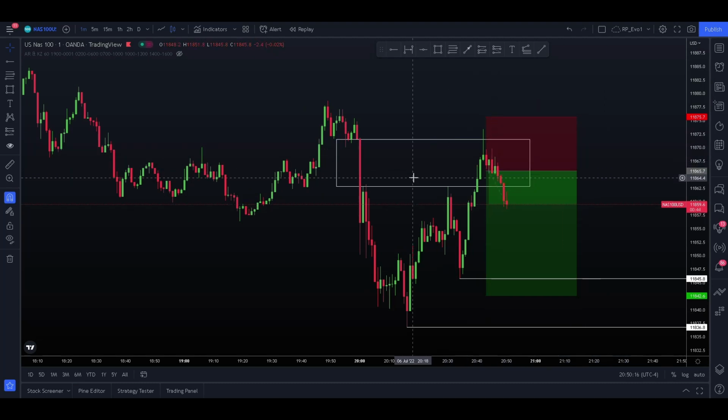And the main reason behind this setup is price went inside the imbalance, and this swing high created your equal highs. So an imbalance inside the equal highs, usually it's a very sweet spot for targeting purposes.